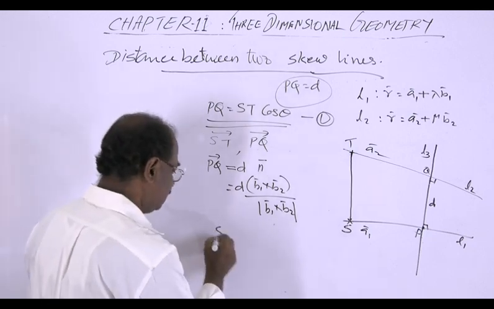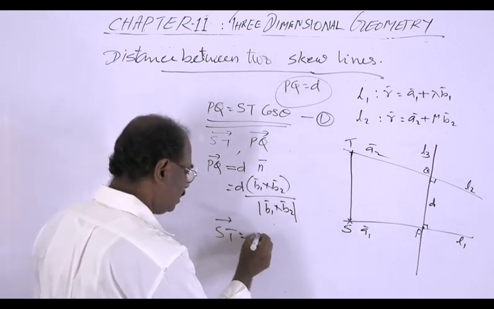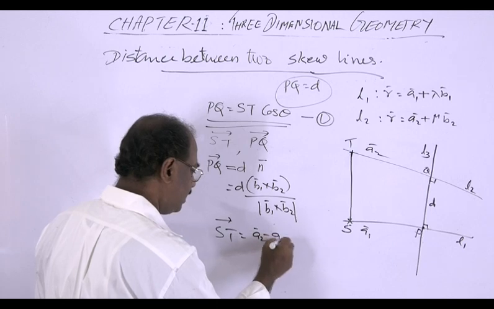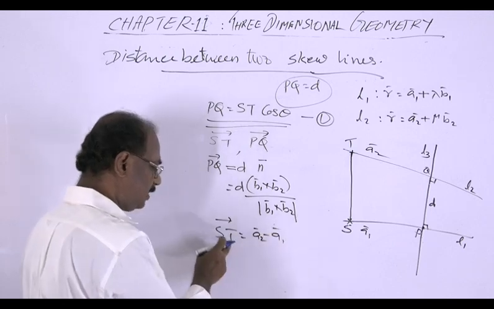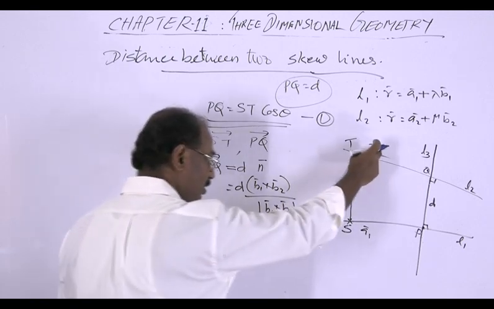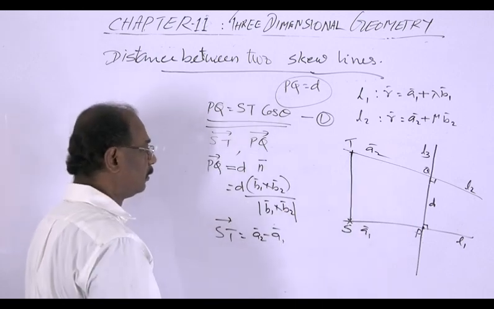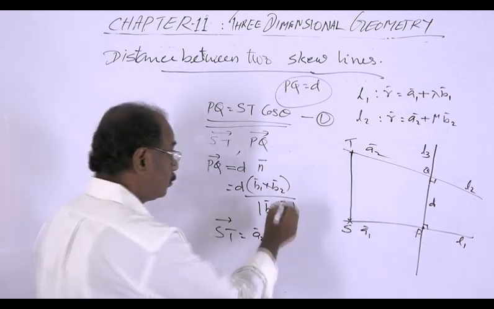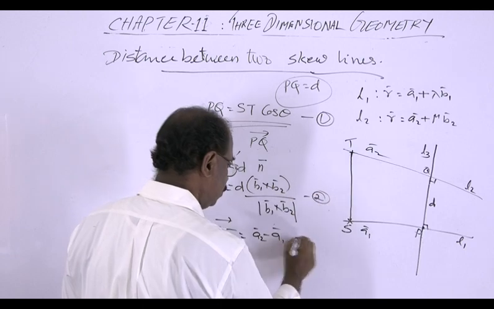And then vector ST is equal to A2 minus A1, the position vector of T minus the position vector of S. Suppose this is equation 2.